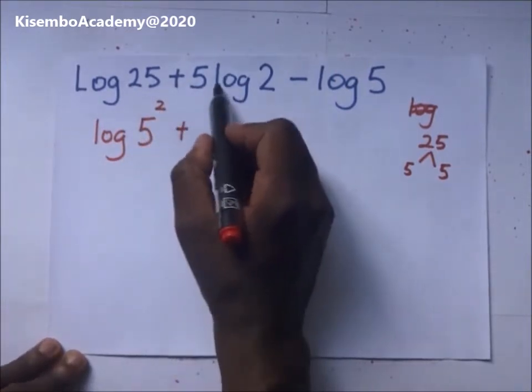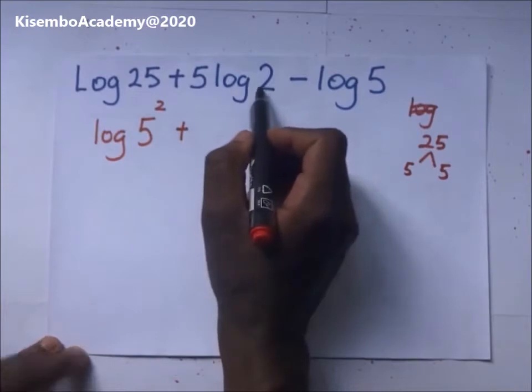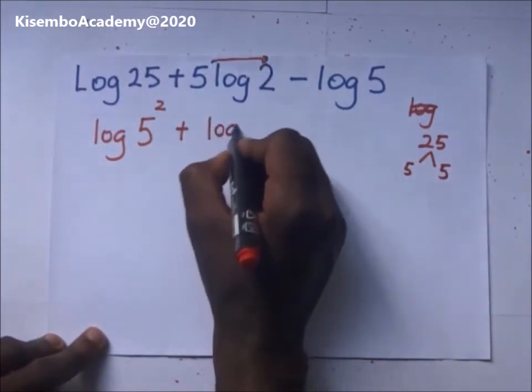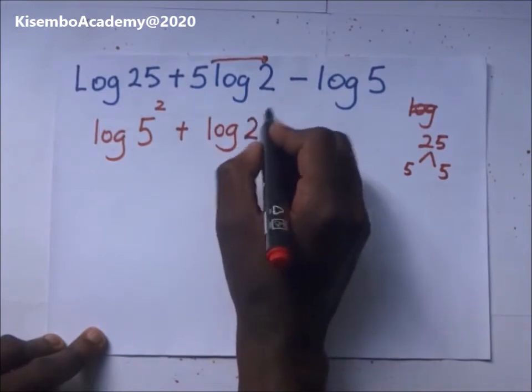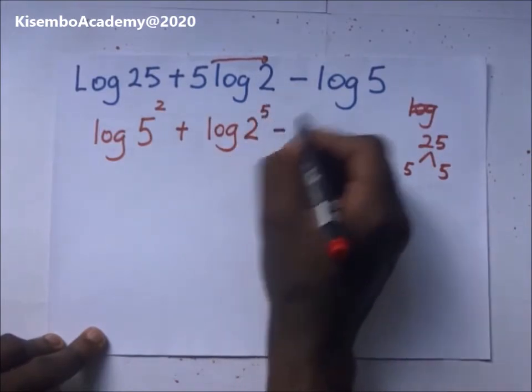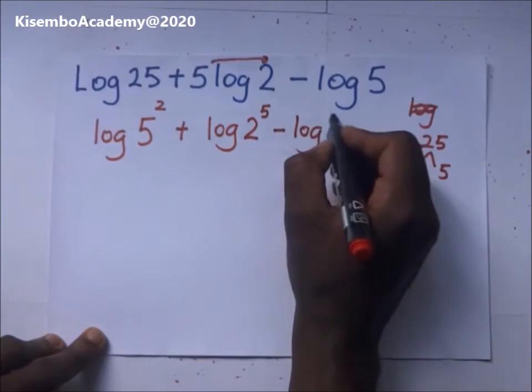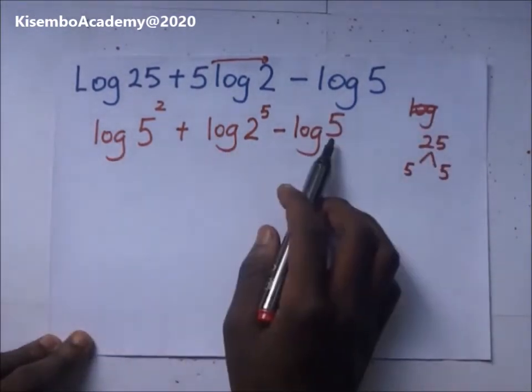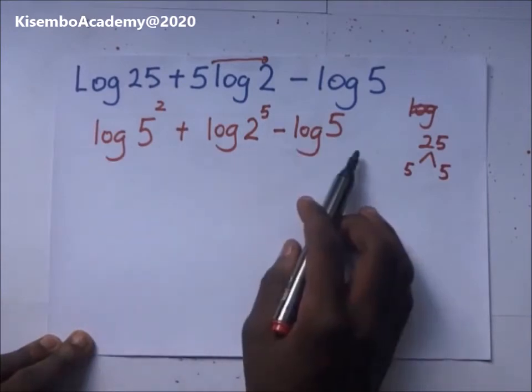plus, now this is 5 log 2. This 5 can be taken back up there, so it's becoming log of 2 to the power 5 minus log of 5. Now here we are having logarithms of the same base.